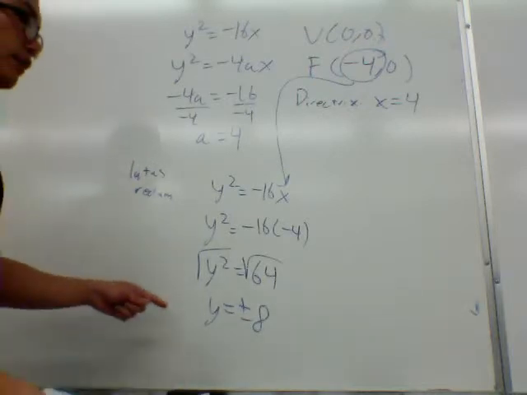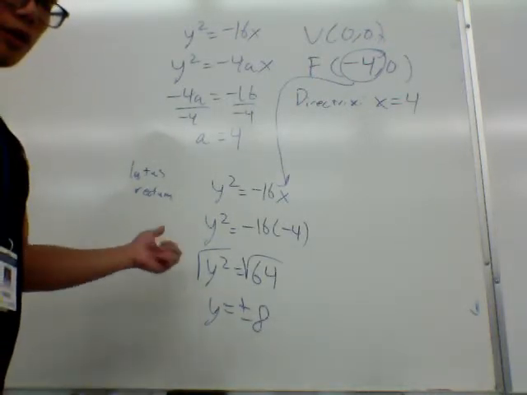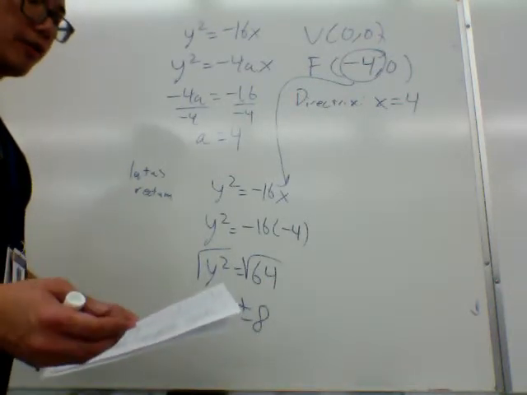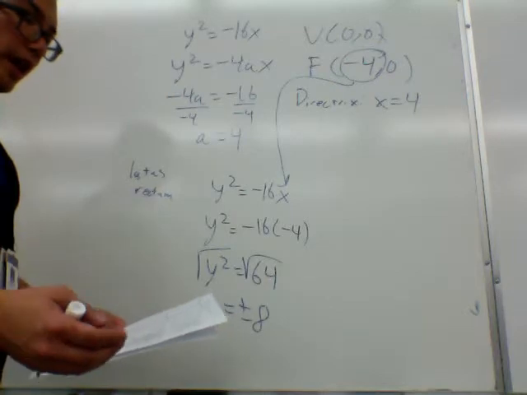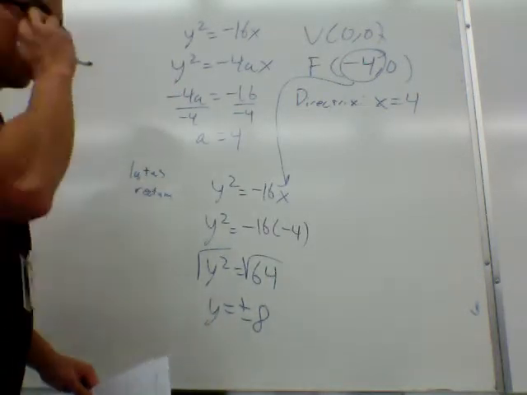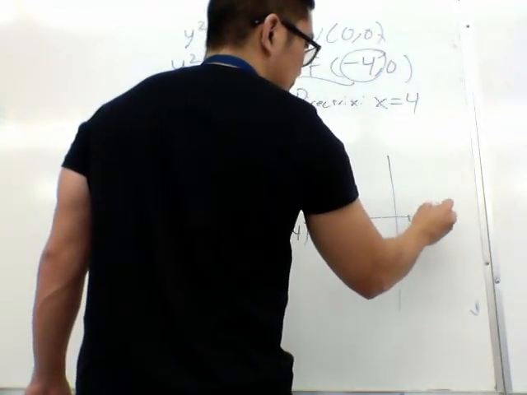And I'll leave the graphing to you here, but you should know the vertex is at 0, 0. Your focus is at negative 4. You have the directrix at 4, and then your latus rectum is at positive 8 and negative 8. Actually, here, let me just do it.